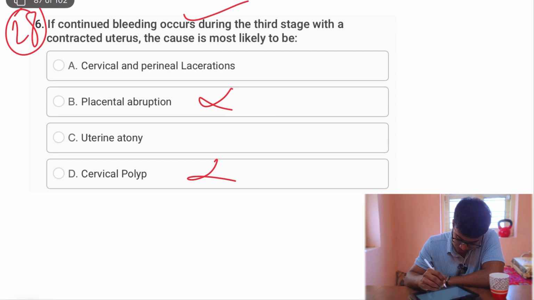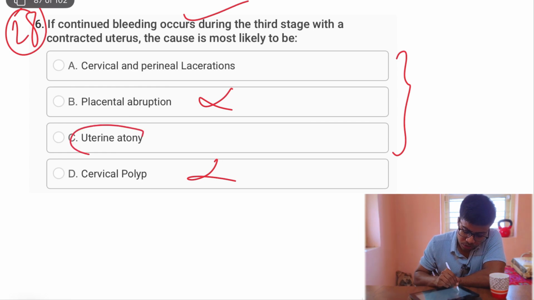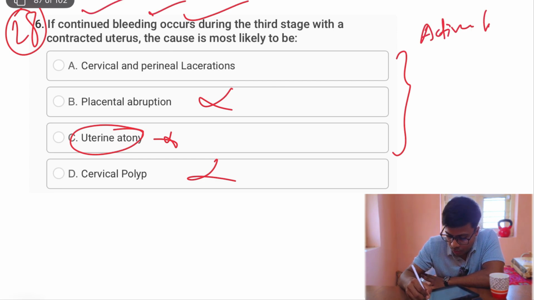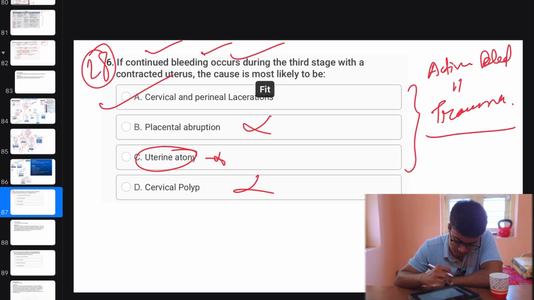Cervical and perineal laceration from these two. In a hurry, we tend to mark uterine atony because the uterus is boggy, but they're asking continued bleeding. Continued bleeding is in case of active bleeding. Active bleed equals trauma, obstetric trauma, so it is cervical and perineal lacerations.